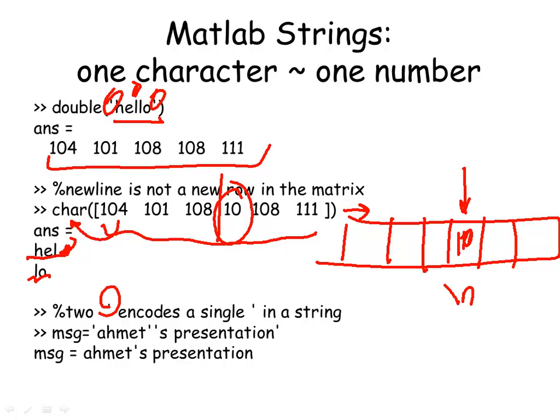So every pair of single quotes will be replaced with a single quote before it's being stored in a vector. So when you say message equals single quote Ahmed's, a pair of single quotes, presentation, and end with a single quote, this pair of single quotes will be replaced with a single quote. Clear? All right.